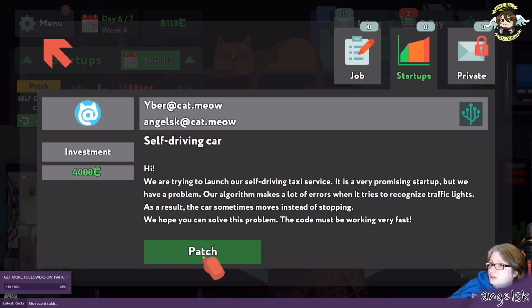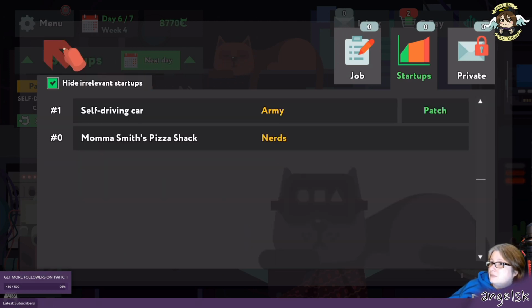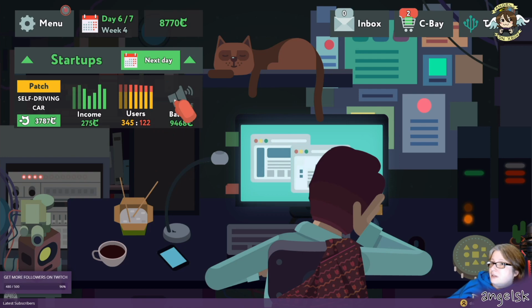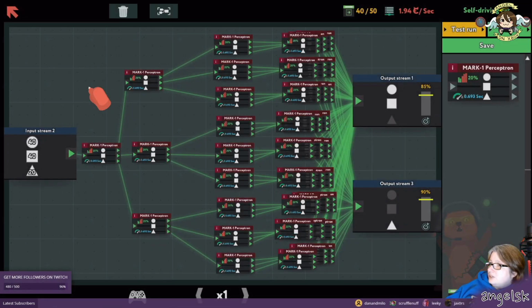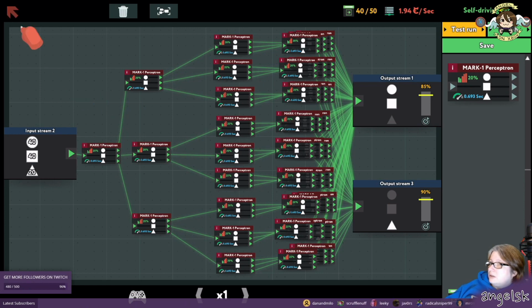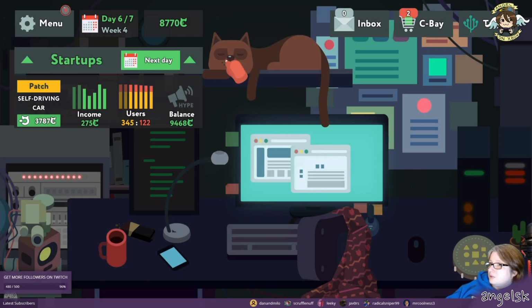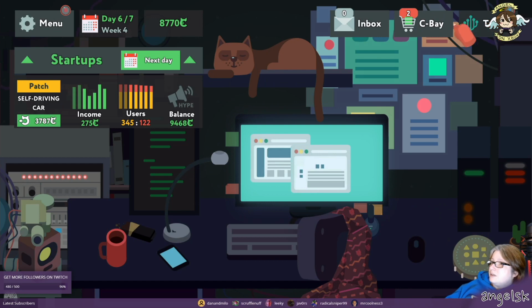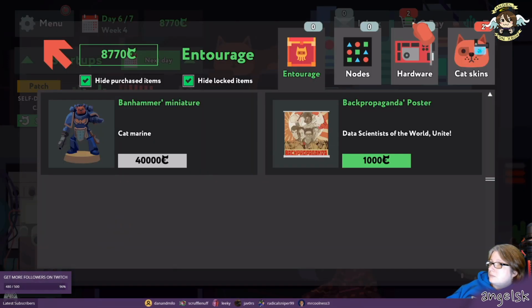Secret information. No, that's still the self-driving car. Okay, but do we? We don't have anything to patch it with at the moment, so we'll just leave that ticking.